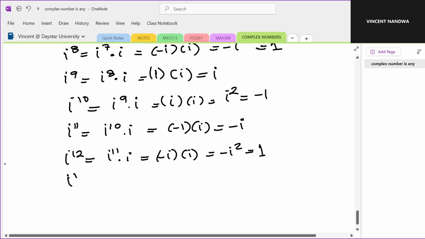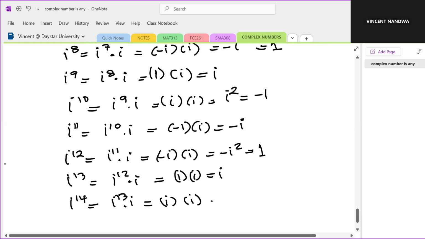Then i power 13 will be i power 12 times i, which is 1 times i, and this is just i. i power 14 is i power 13 times i, which will be i times i, to give us i squared, whose value we know is -1.